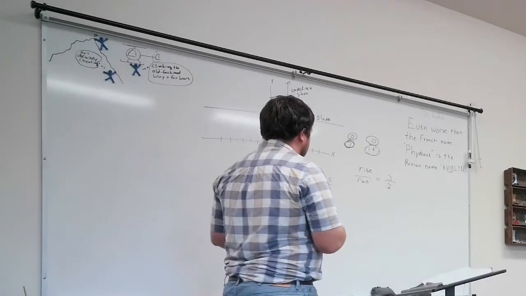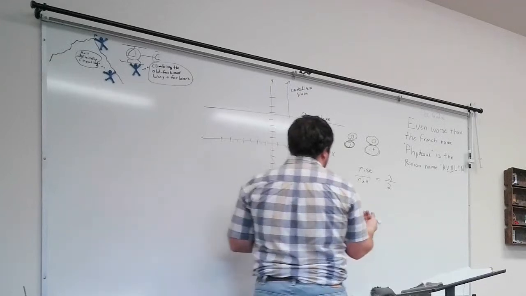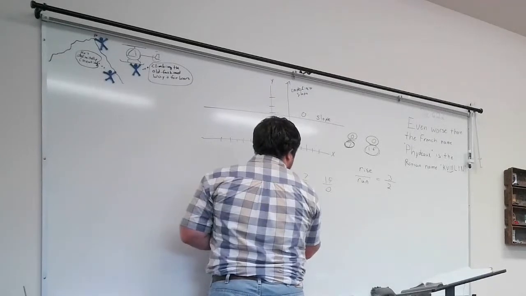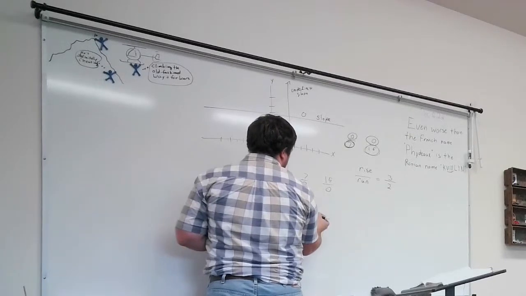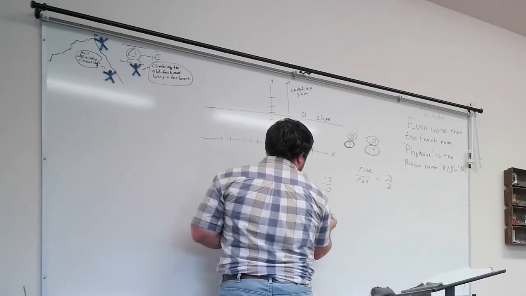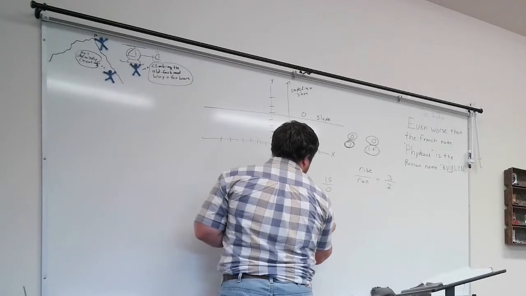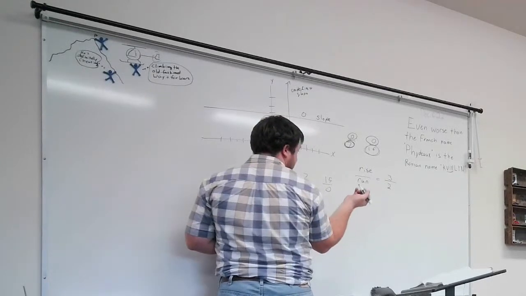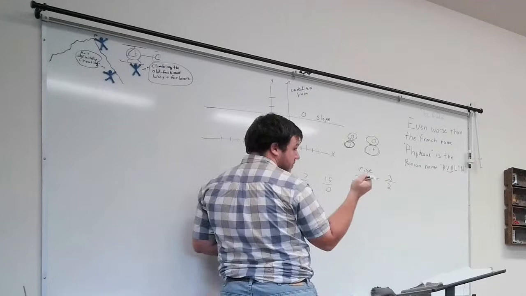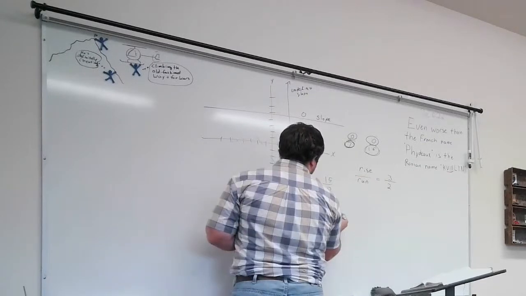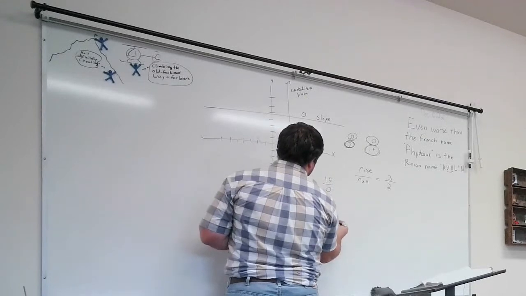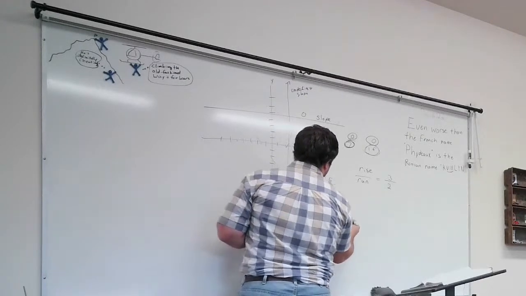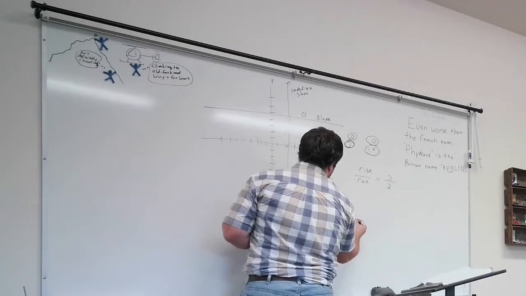So the bottom number should always be positive. If the top number is negative, it's a negative slope. If the top number is positive, it's a positive slope. If the top number is 0, it's a zero slope. And if the bottom number is 0, it is undefined.